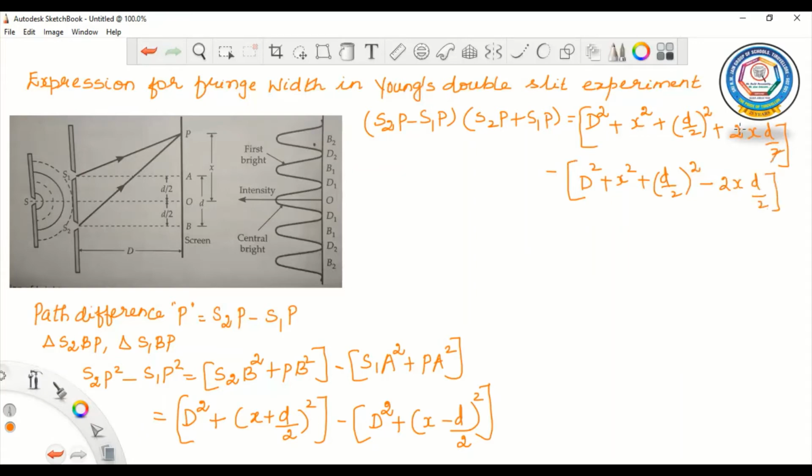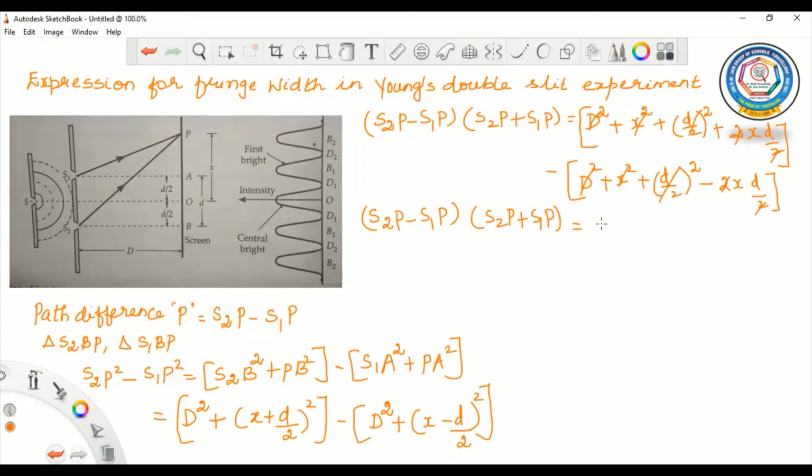So you can cancel this 2 from everything here. So again, S2P minus S1P into S2P plus S1P is equal to, you just bring this negative sign inside the bracket, then you can see that this d square will get cancelled, and similarly x square will get cancelled, and this term will also get cancelled, but you will have xd plus xd.